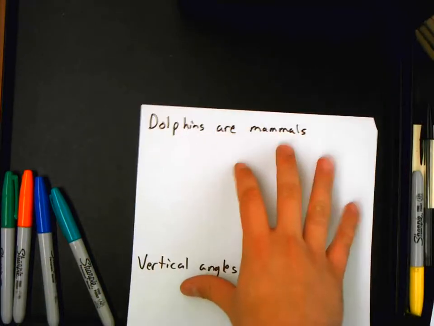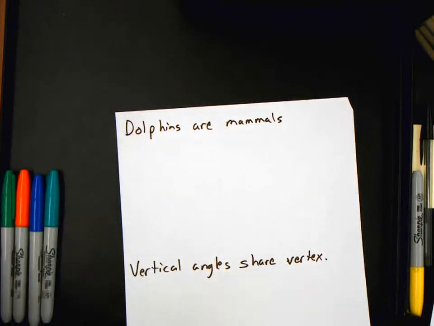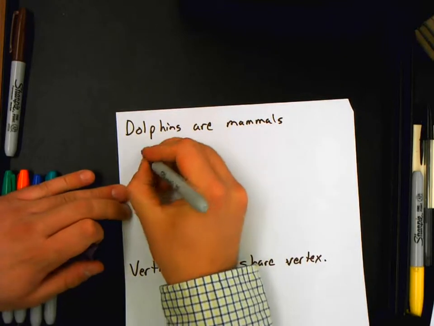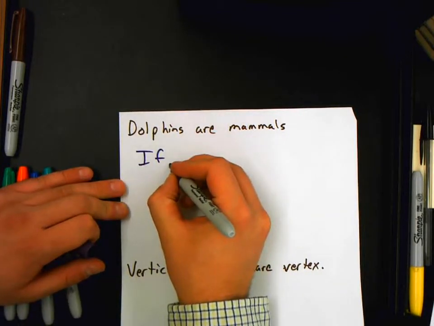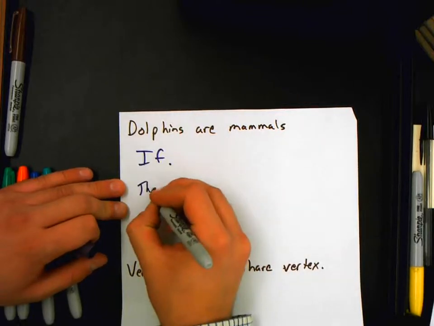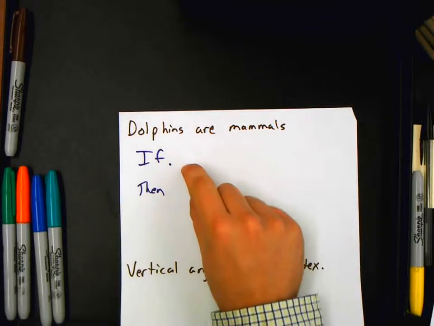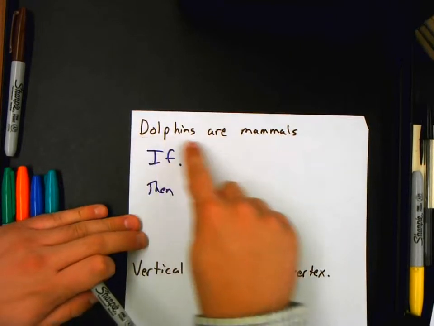So if we have just a general statement, like dolphins are mammals, and we want to convert it into a conditional statement, we have to include an if and a then. So the very first thing when converting this into a conditional statement is write your if and then write your then. So in order to find your hypothesis, or the statement that is right after your if, you have to look at your expression, the dolphins are mammals.